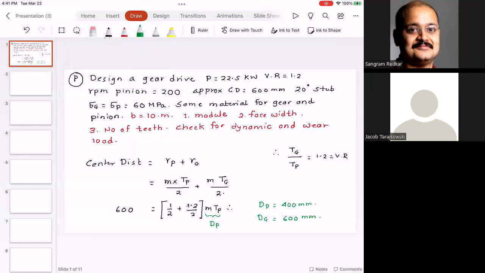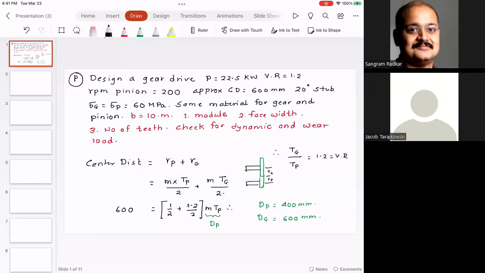Everyone understood this first step? The first step, the center distance is given. What is center distance? Center distance is the distance between the shafts. You have this big gear and you have this pinion. So this is the radius of the gear.